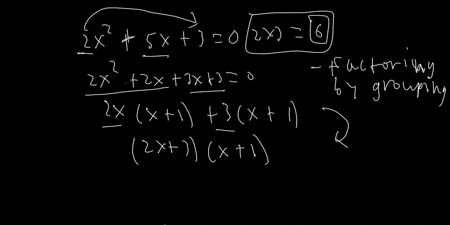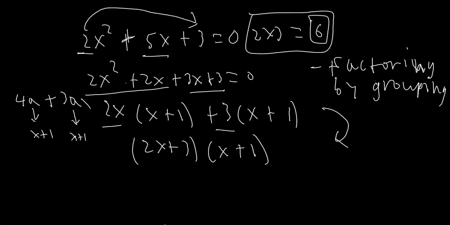Now, why are we allowed to do this? Well, say for example, let's just make x plus 1 here, each of them a. Okay, so we can imagine a as x plus 1, and we can imagine a as x plus 1.